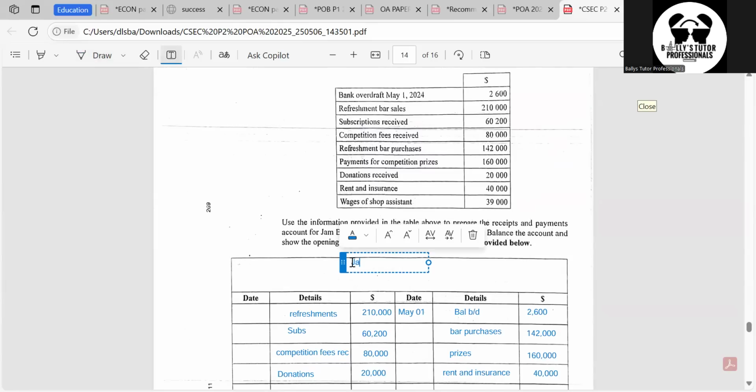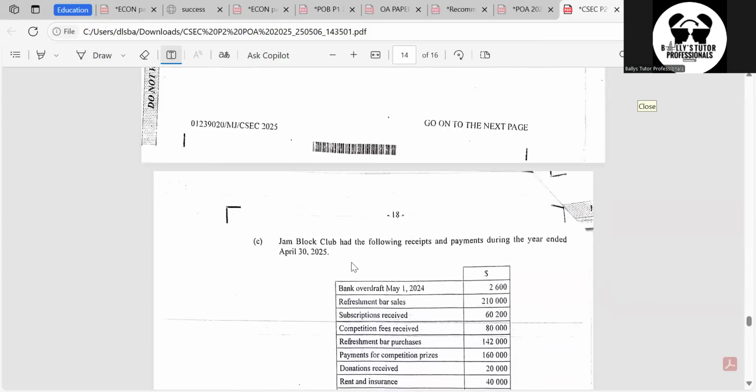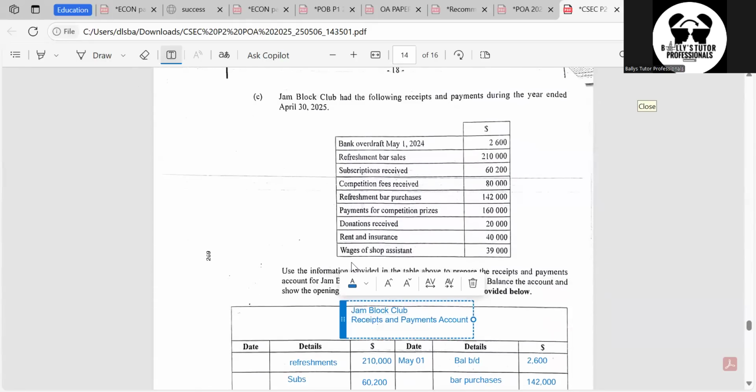Jam Block Club receipts and payments account for the year ended 30th of April 2025.